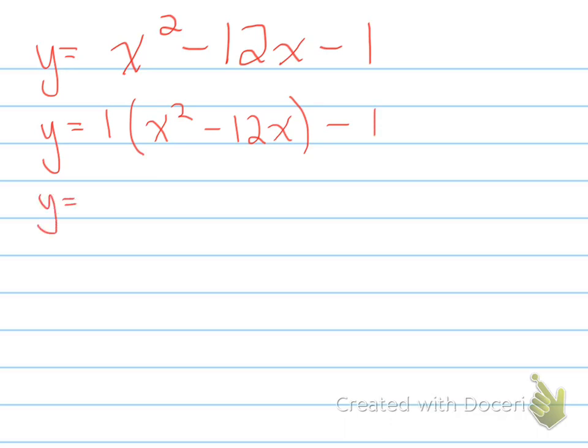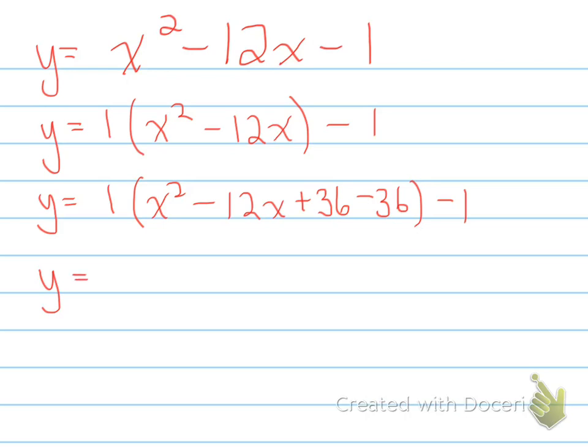Next step, you have a 1, and we invite twins to the party, so jacket, twins. And the twins is this number divided by 2 and squared, which is 36, plus 36 and minus 36, minus 1.